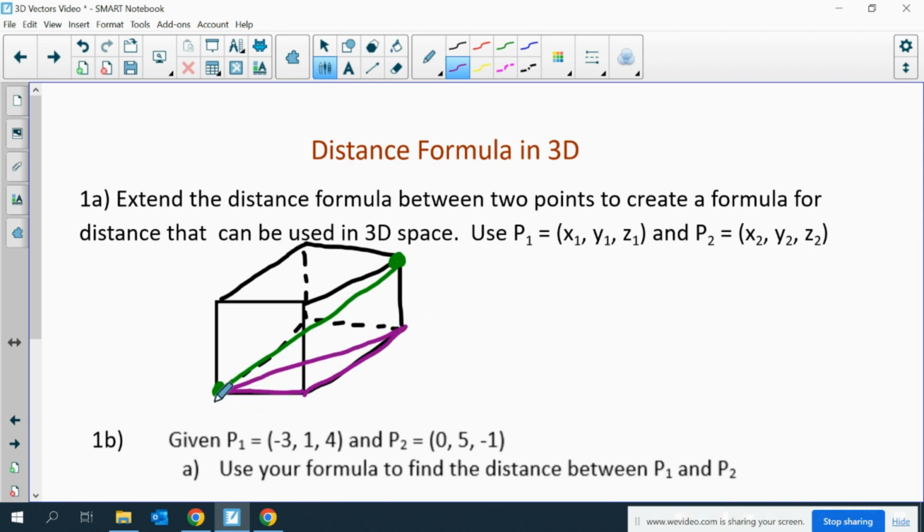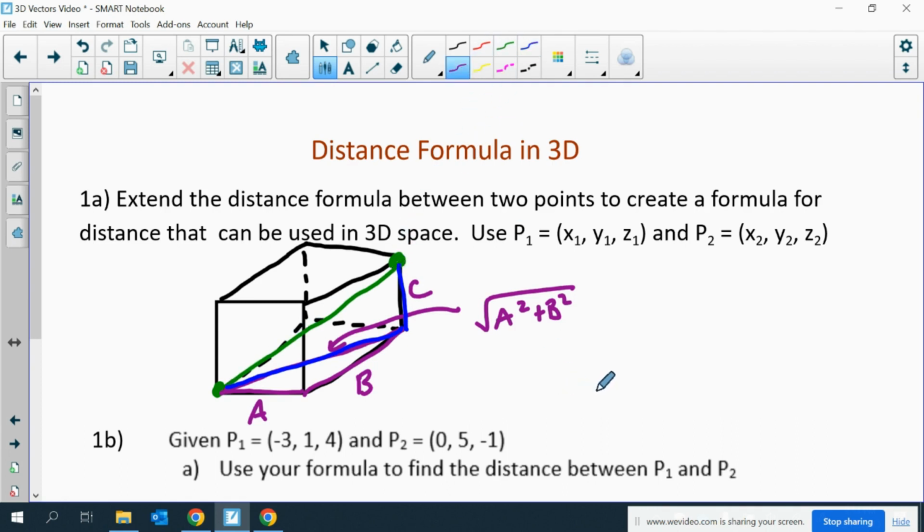So if I call this A and this B and this C, I can find the length of this, which is the square root of a squared plus b squared. And then I can do the Pythagorean theorem again in order to get this green length.